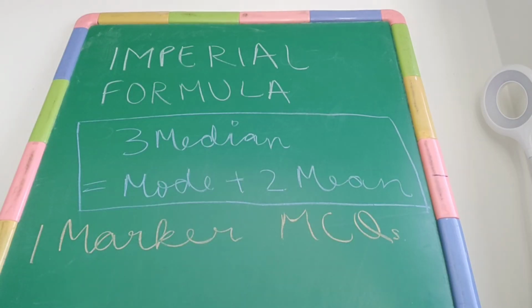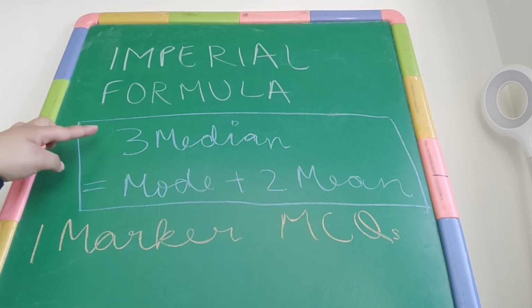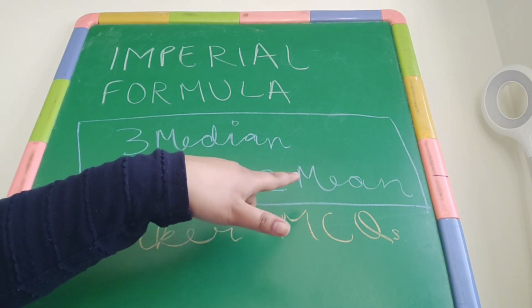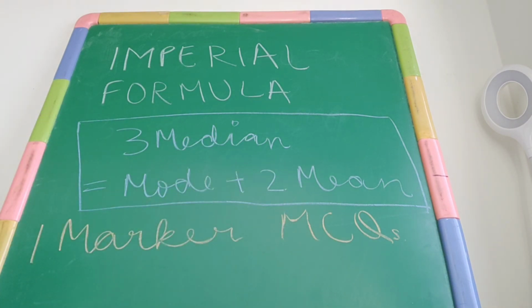Guys, before the end of the video, I would like to tell you the empirical formula. It is a really very important formula. In this formula, what we want to say is that thrice the median is equal to mode plus twice the mean. It is a really important formula as we have 2-mark questions now.